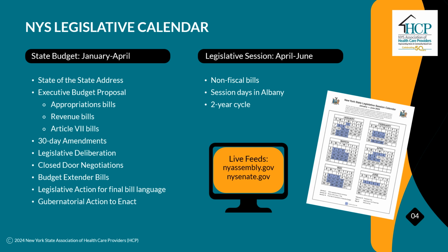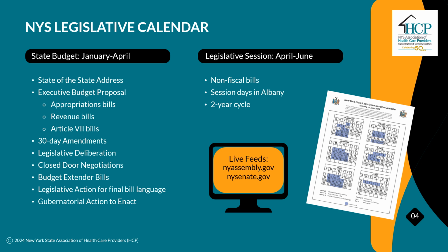The legislative session operates on a 2-year cycle, and bills not passed within this period must be reintroduced when the new session begins. Lawmakers typically meet 2 to 4 days a week, and Tuesdays are frequently busy days at the Capitol, with lots of lobbying activities and days of action.